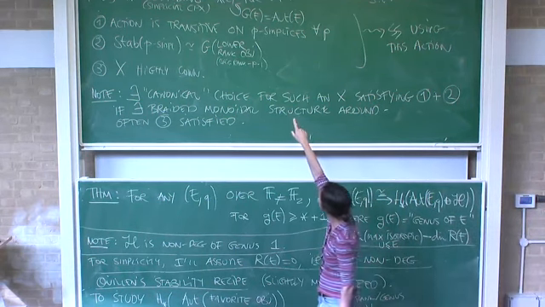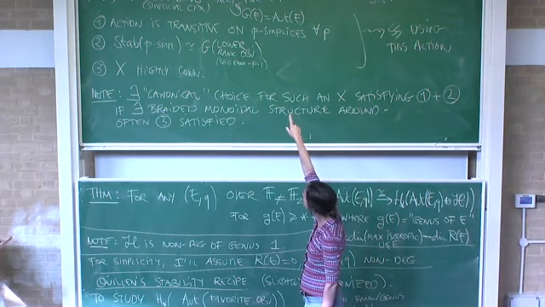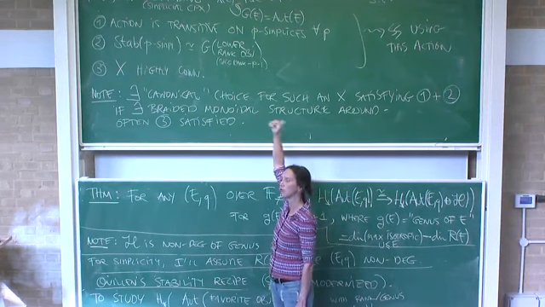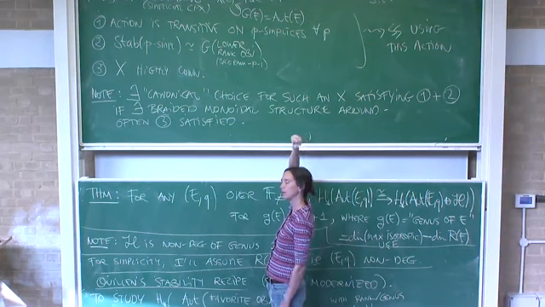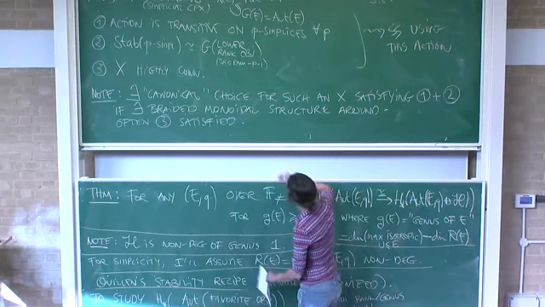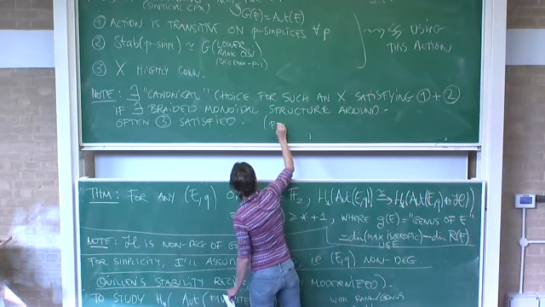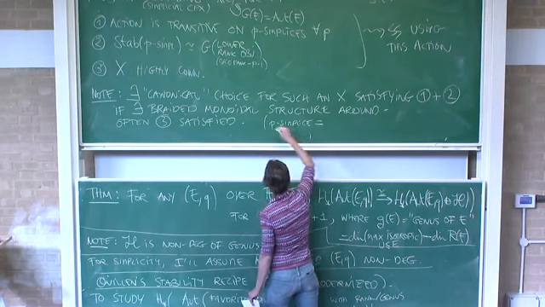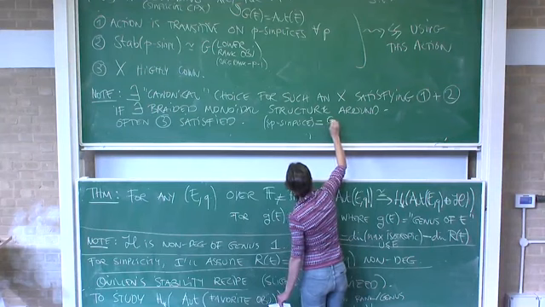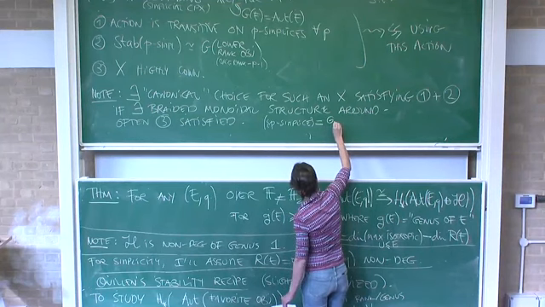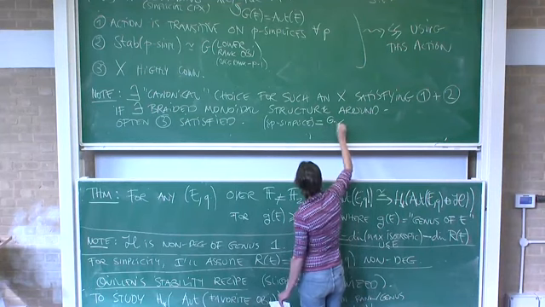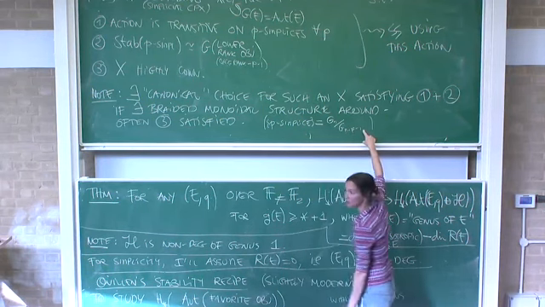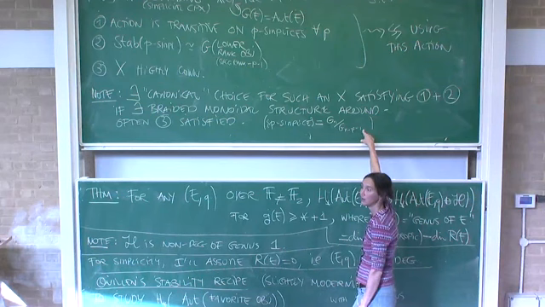If you want the action to be transitive on p-simplices and your stabilizers to be of rank n minus p minus 1, you'll know that the set of p-simplices has to be your original G, like your G_n, quotiented out by G_{n-p-1}. So as a set, you know exactly what you want.